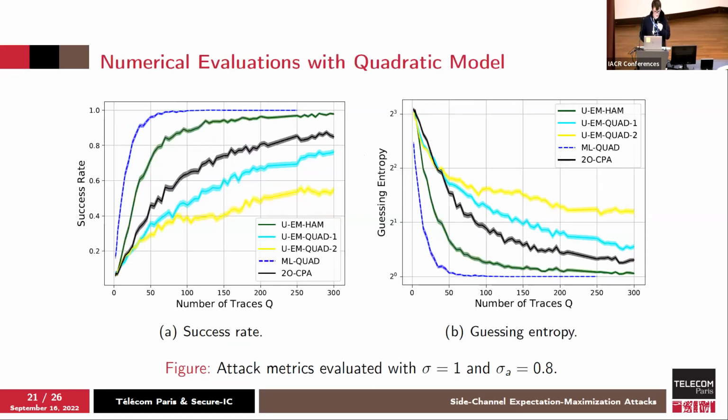And we did this with the quadratic leakage model, but even with this, the quadratic leakage model does not seem to work quite well with the UEM. So in this case, we suggest to use instead the UEM AM that performs better. Because here you see that it's even outperformed by second order CPA.